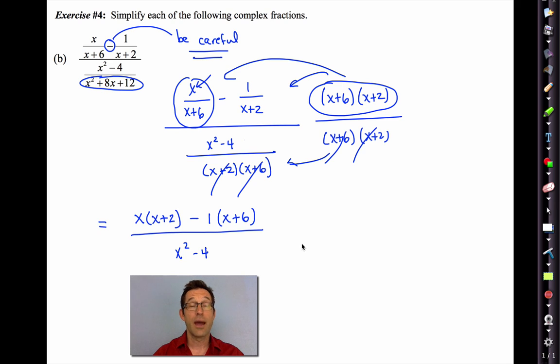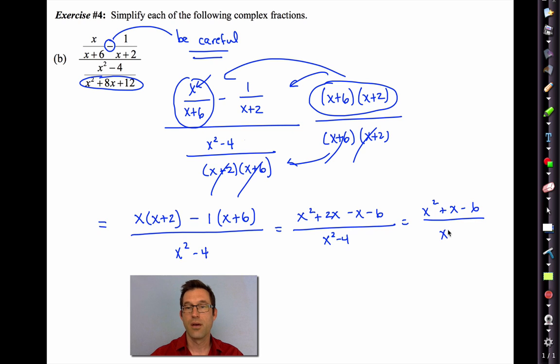Now at that point, I've eliminated the complex fraction but I've got more algebra to do. X squared plus 2x minus x minus 6 all over x squared minus 4. Combine like terms, x squared plus x minus 6 over x squared minus 4. And now the only question is, can it be simplified? Well, let's try again.